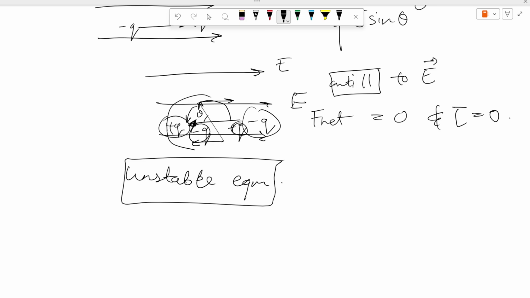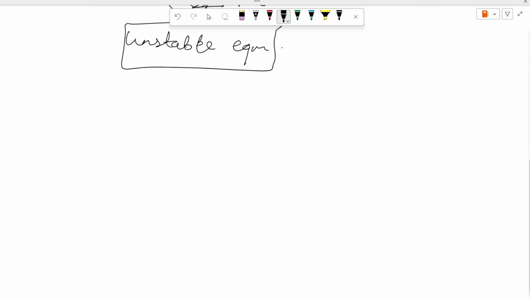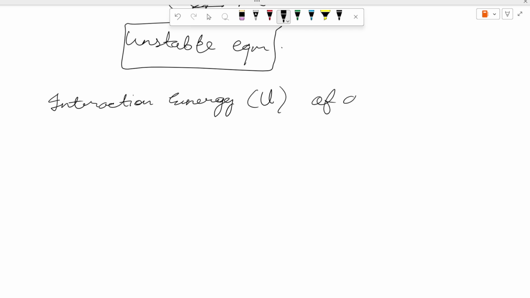All right, so now we are going to do the energy analysis of dipoles in both of these scenarios. So the interaction energy, we are not talking about the self energy, but the interaction energy, which is U, or potential energy, of dipoles in these cases.